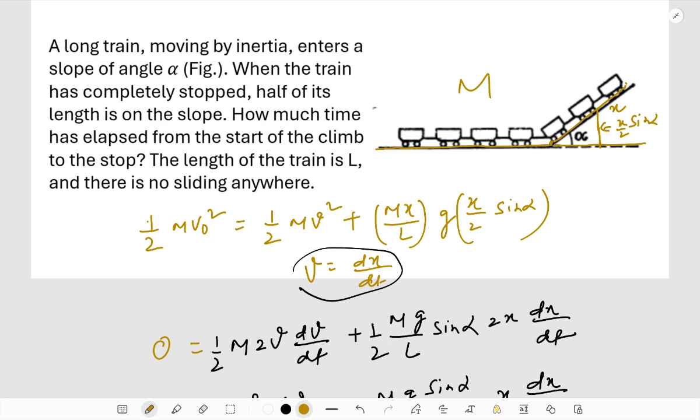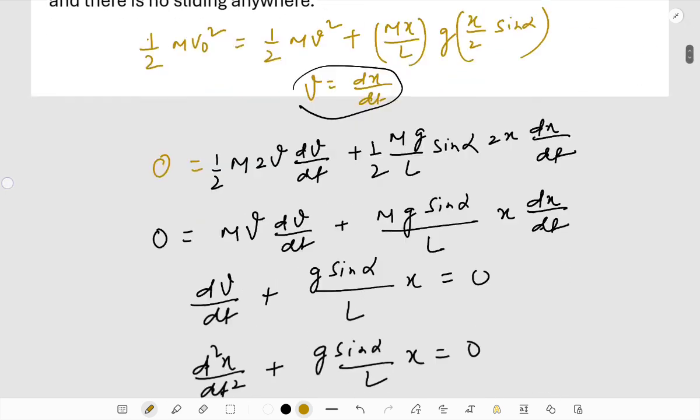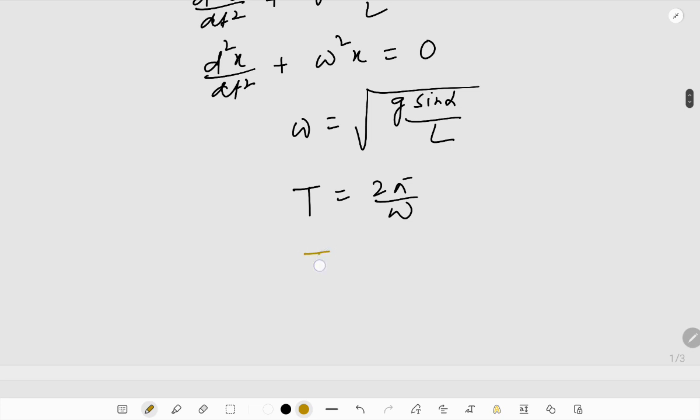When the train has completely stopped, half of its length is on the slope. That means it has completed 1/4 of the simple harmonic motion only. So your answer is simply T by 4, and that will be your answer.